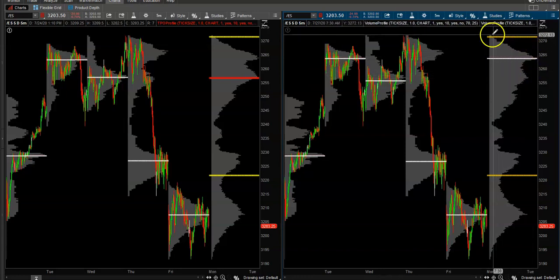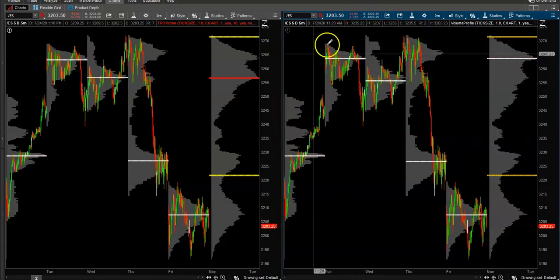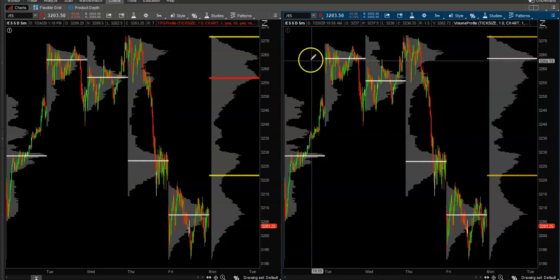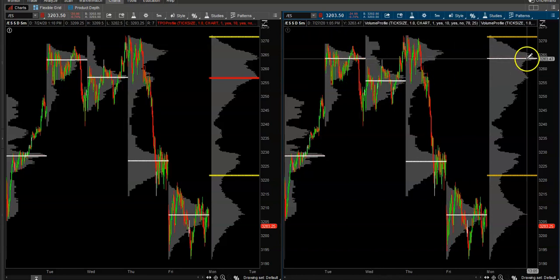And we could see the most volume of all these 5 trading days is right here at the overall point of control, at this 3263 level. That's where the most volume has traded.